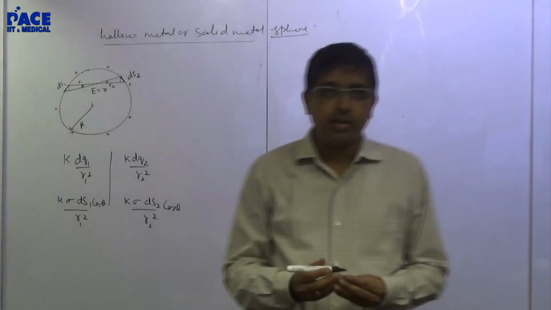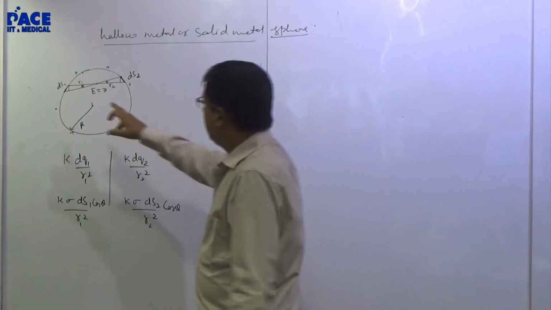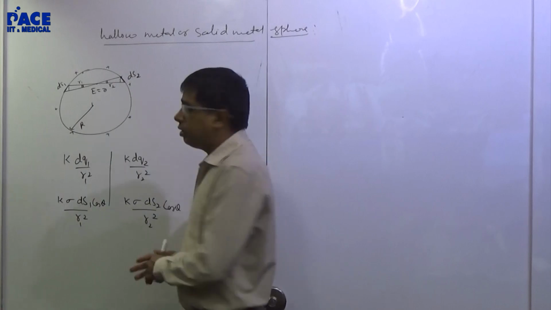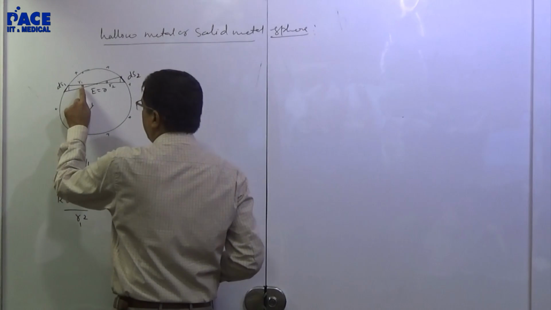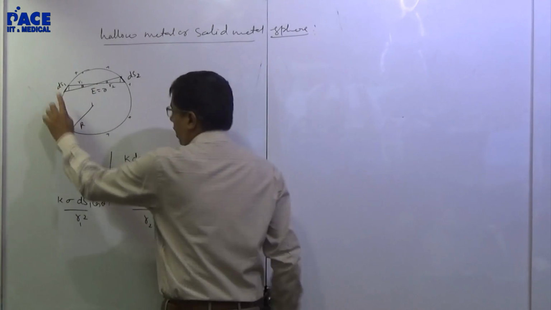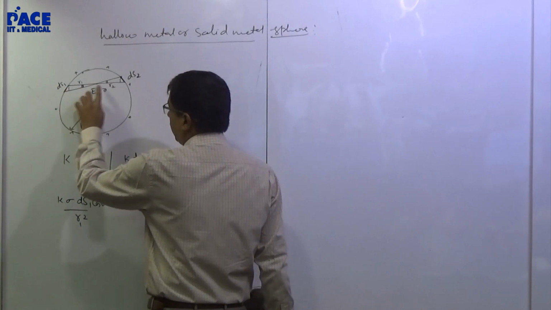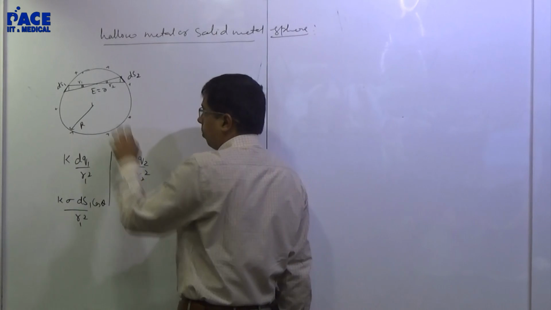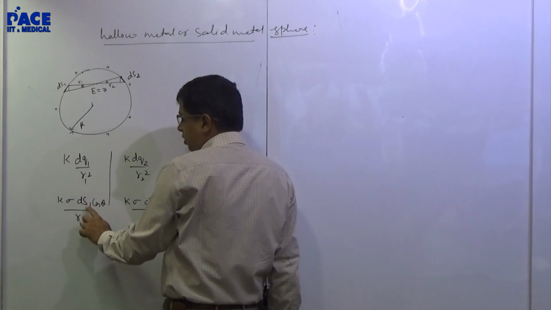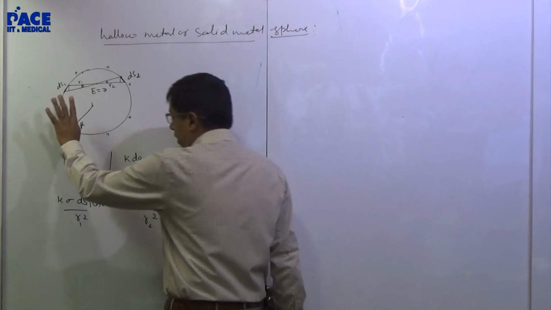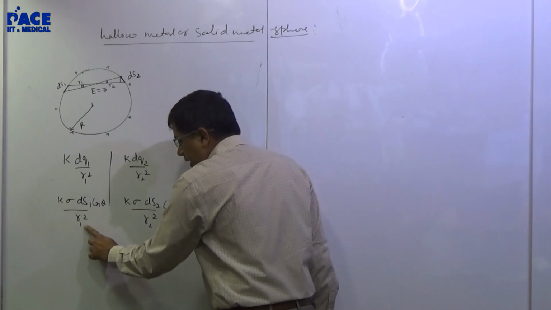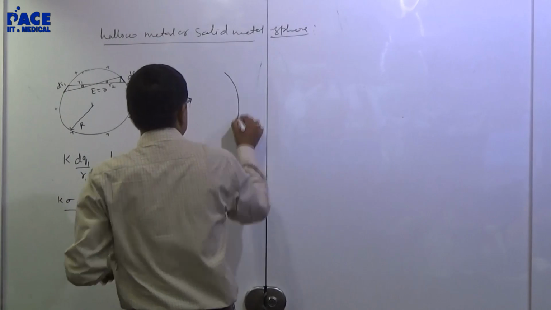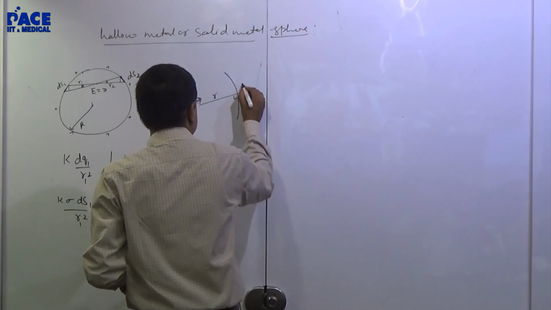I repeat the logic, please pay attention. I take this to be ds1 and I take this to be ds2. k dq1 by r1 square will be the field here, k dq2 by r2 square will be the field here. dq1 will be sigma ds1, but remember ds1 by r1 square will not be the solid angle here, because when you introduce the solid angle, you told me this is r and this is ds.